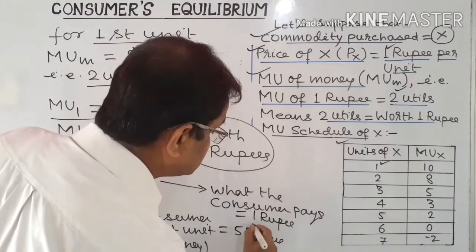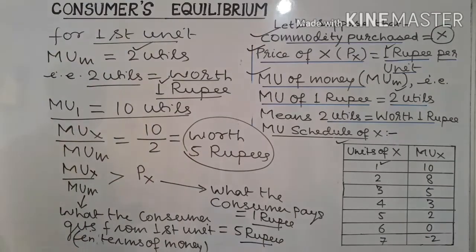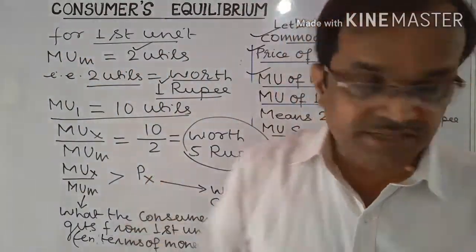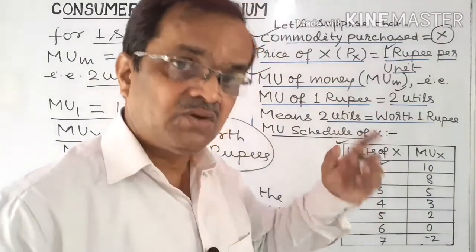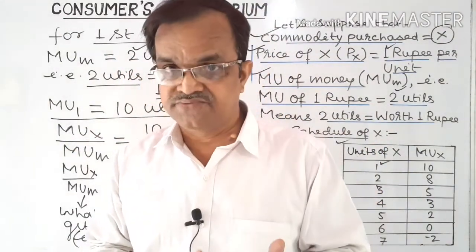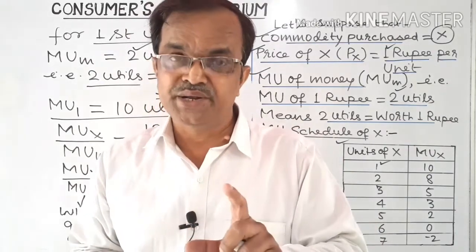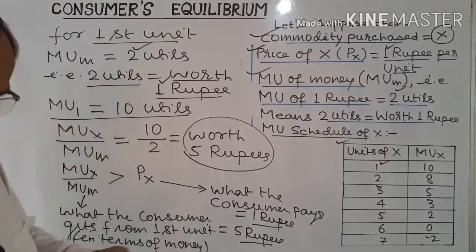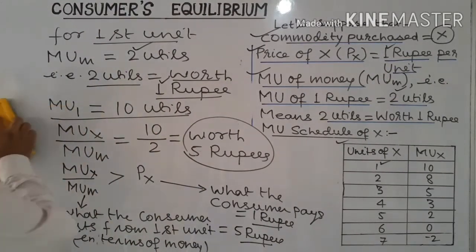It means 5 rupees is more than this 1 rupee, and therefore any rational consumer would purchase this first unit. Why? Because the consumer is getting more satisfaction in terms of money than the price paid, and therefore the consumer would purchase this first unit.